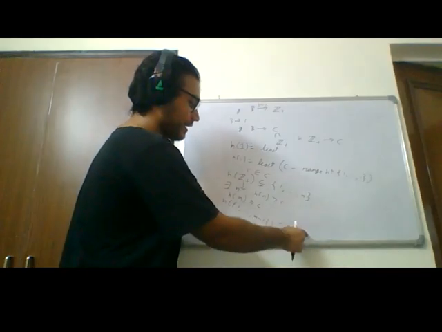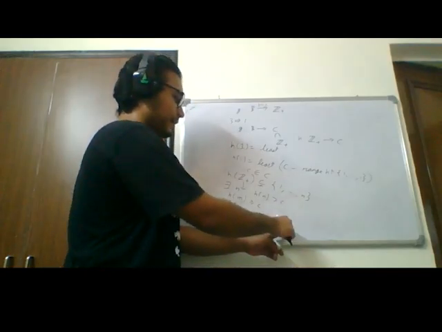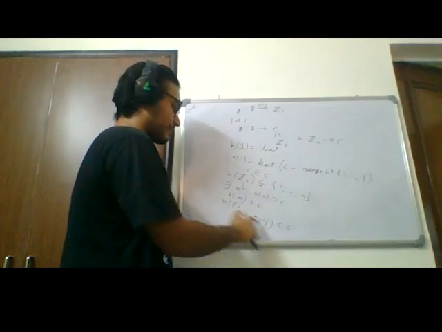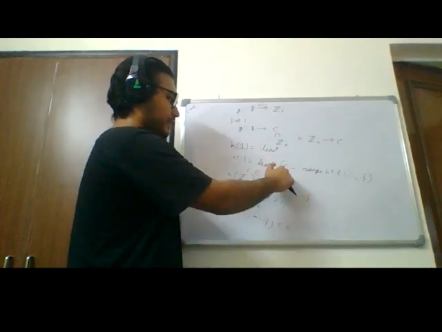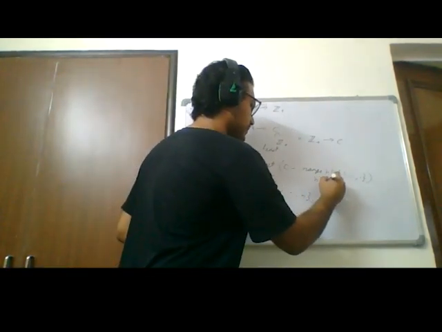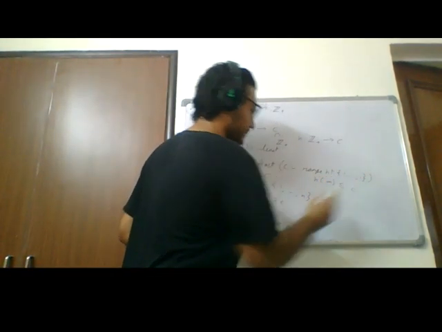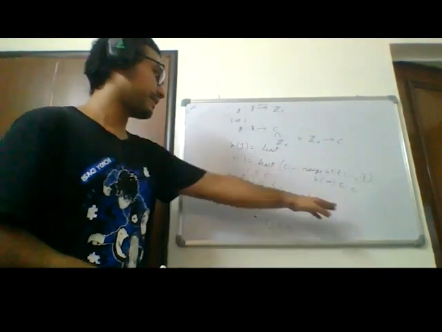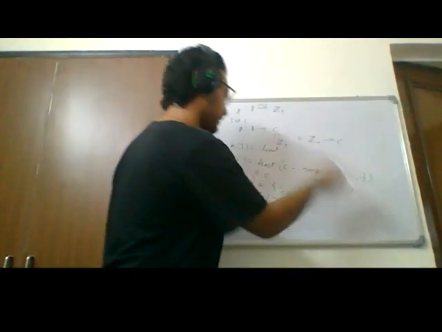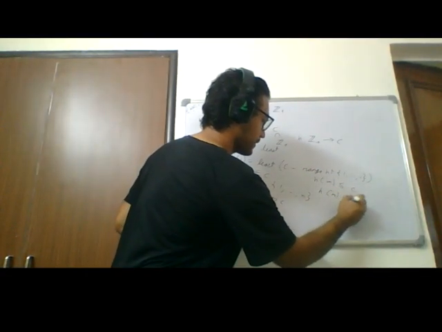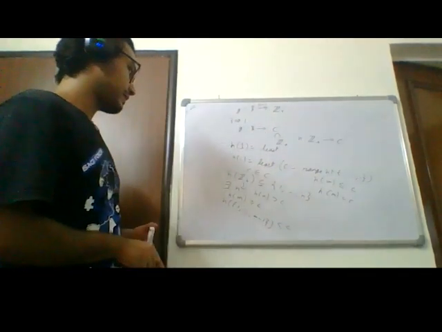But it definitely can't exceed it, because c is definitely an example of an element of C that's not contained in this, but contained in C. So what does that mean? That means h of m is less than or equal to c, and that implies h of m is equal to c. So there exists an m in Z plus such that h of m is equal to c.